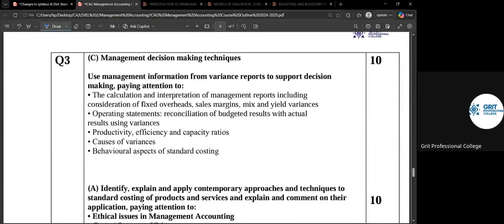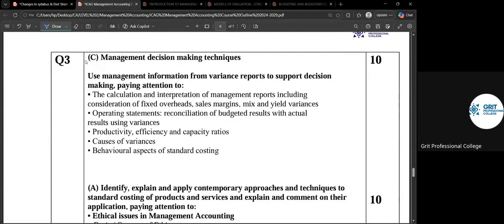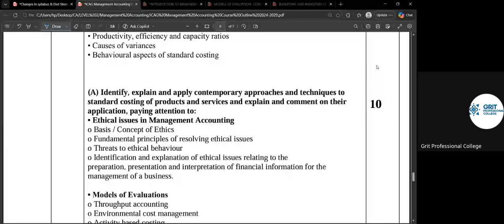Then for your question 3, the C part of the syllabus, which had to do with management decision-making techniques, specifically variance analysis and the standard costing area, the examiner says 10 marks. Then look at this.